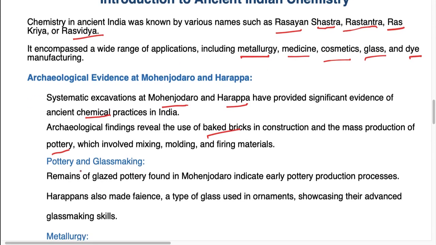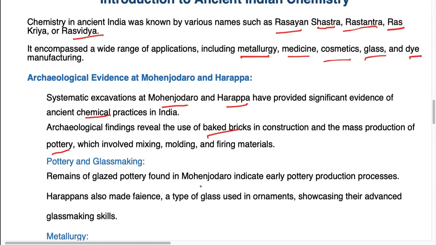Chemistry, pottery and glassmaking. Remains of glazed pottery found in Mohenjo-daro indicate an early pottery production process. These findings indicate that in ancient India we already used these practices to make pottery.